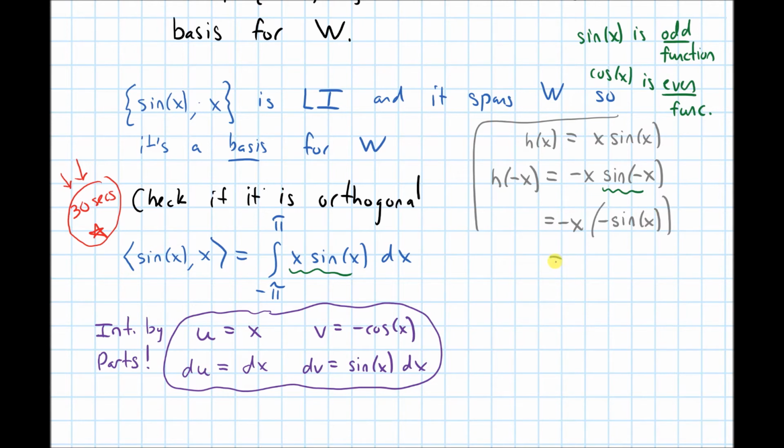So the negatives cancel, and I get x times sine x. But that's the same thing as h of negative x. Sorry, that's the same thing as h of x. My mistake there. So we got that h of negative x equals h of x. That means this function is even. We have just shown that this function is even.